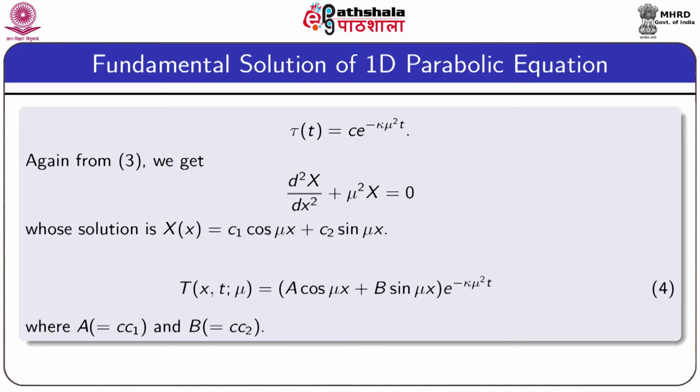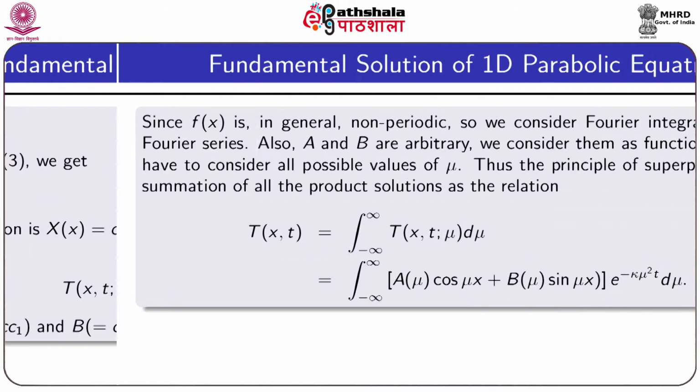So, the general solution of capital T becomes T equals A cos mu x plus B sin mu x into e to the power minus kappa mu square t, where we modified the constants as capital A equal to c c1 and capital B equal to c c2.